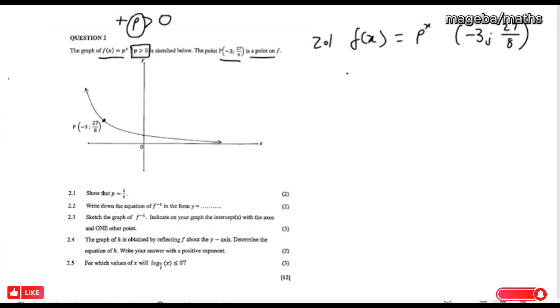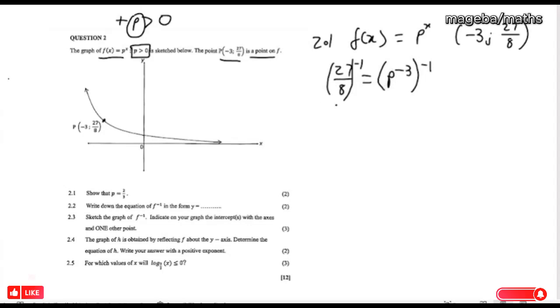Now we need to substitute our y, which is 27 over 8, which is f of x, and then p to the power x, which is negative 3. Now from here, since we see that our exponent is negative here, if I multiply the exponent by negative 1 and the other side by negative 1, remember, I'm making a reciprocal, and this exponent becomes positive.